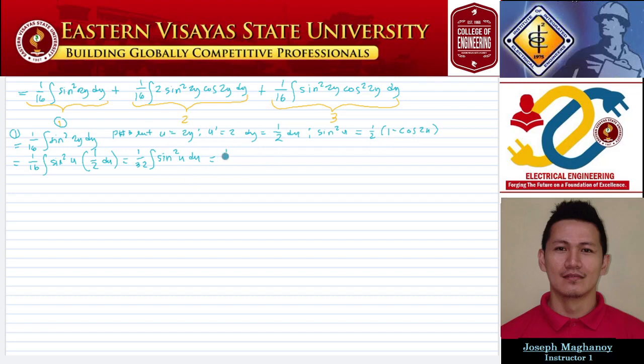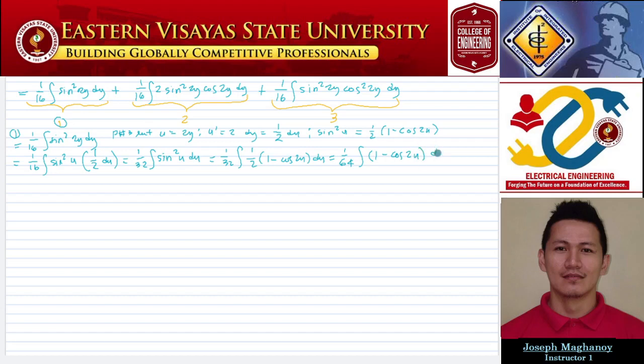That is 1/32 integral of 1/2 quantity 1 minus cosine 2u, of course, don't forget your du. Okay, so we carry out this real number constant, 1/2 times 1/32, that is 1/64 integral of quantity 1 minus cosine 2u.